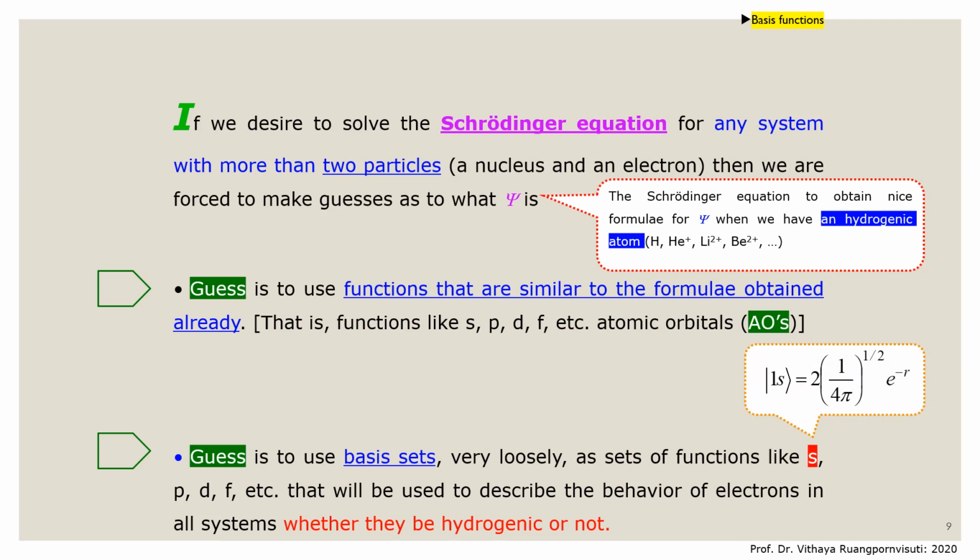For the s orbital, we can get the answer as the exact value. The 1s orbital is equal to 2 times the square root of 1 over 4 pi, multiplied by e to the power of minus r.